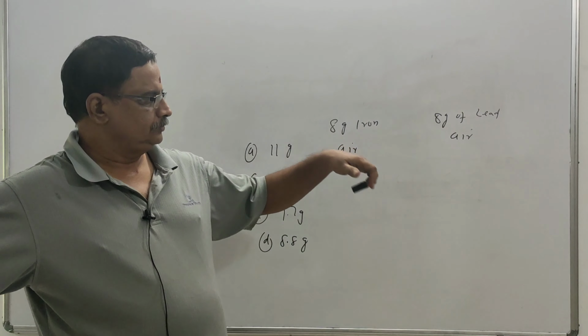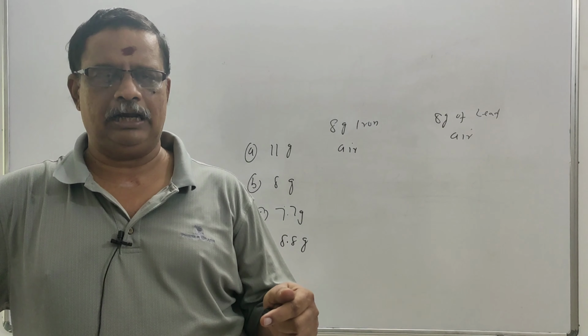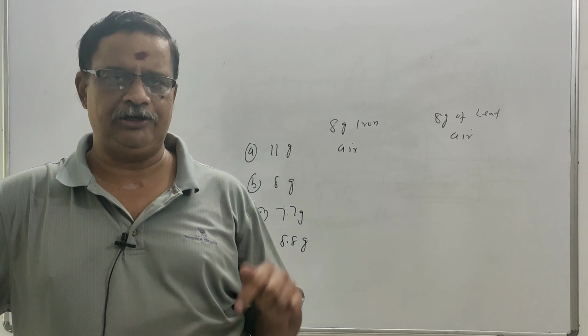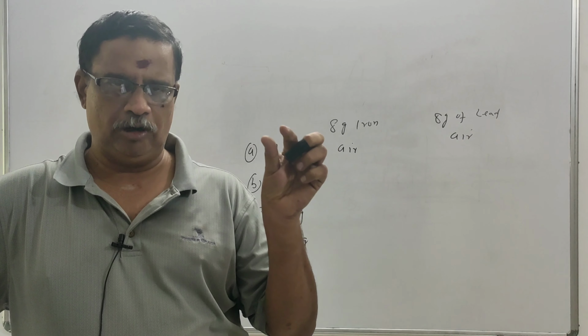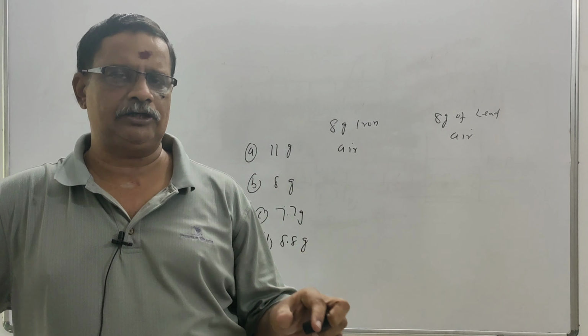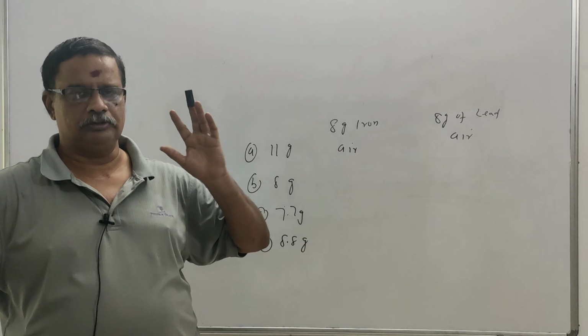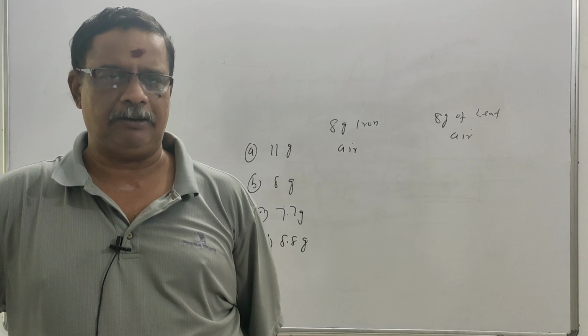Suppose we have put some m gram of lead in the other pan. That m gram of lead will experience a loss of weight due to upthrust. Subtract the upthrust from the mass of the lead that you have put in the other pan. The remainder should be equal to 8 gram. Then the balance will remain horizontal. This is the principle behind these type of problems.